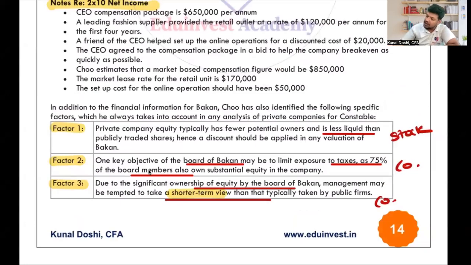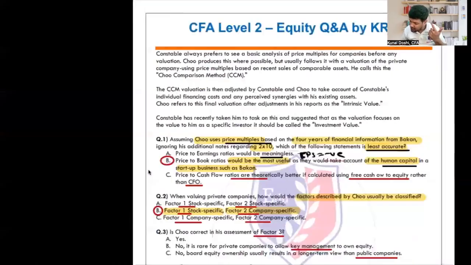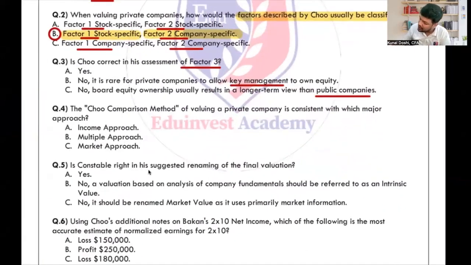No, they would rather take a long term view, right? In private companies, when you have more ownership, you take a long term view. You don't have to be answerable to the shareholders every year for dividends and all. So is factor three correct? No, it is incorrect. Rather, they take a long term view. So C is the answer. Am I correct? Right?